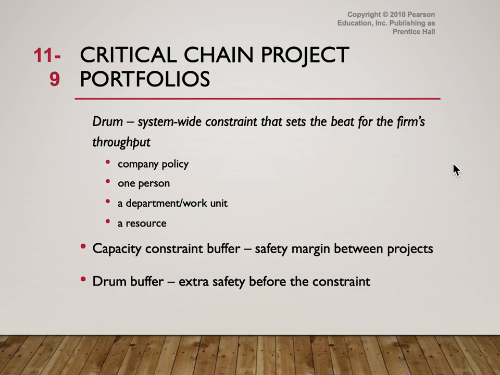And like I mentioned earlier, the buffer is basically a safety margin between projects, which is in place not to overload the other project. It could be the other project hasn't been completed fully, so we can call it a drum buffer.